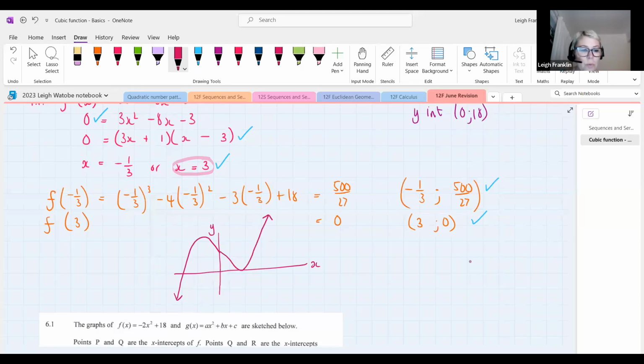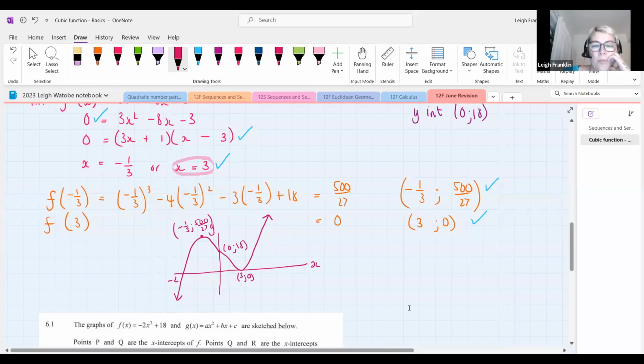This point over here was -2. This turning point was -1/3 and 500/27. This point was 3 and 0, and our y-intercept was 0 and 18. So that is what your graph should look like: concave down and then concave up.